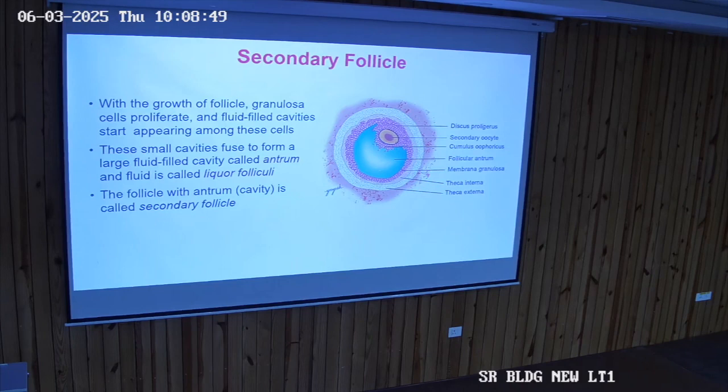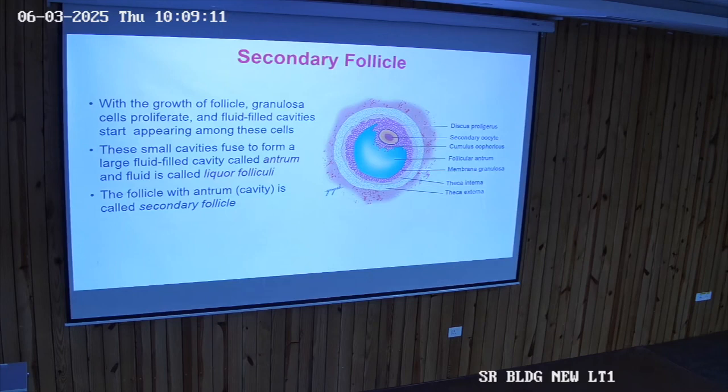One thing is a cavity is developing in the secondary follicle. The small numerous cavities develop and they fuse to form one single cavity which is called the antrum. So this is the follicular antrum which is present in the secondary follicle, developed because of the fusion of small cavities inside the growing follicular cells.